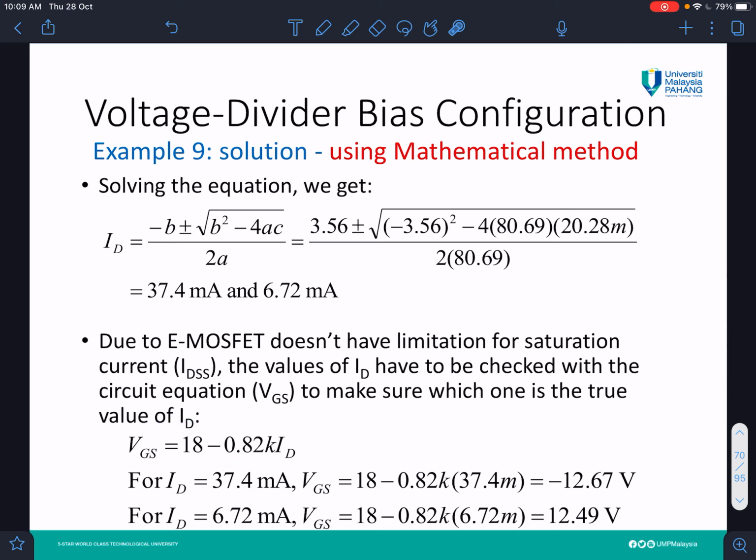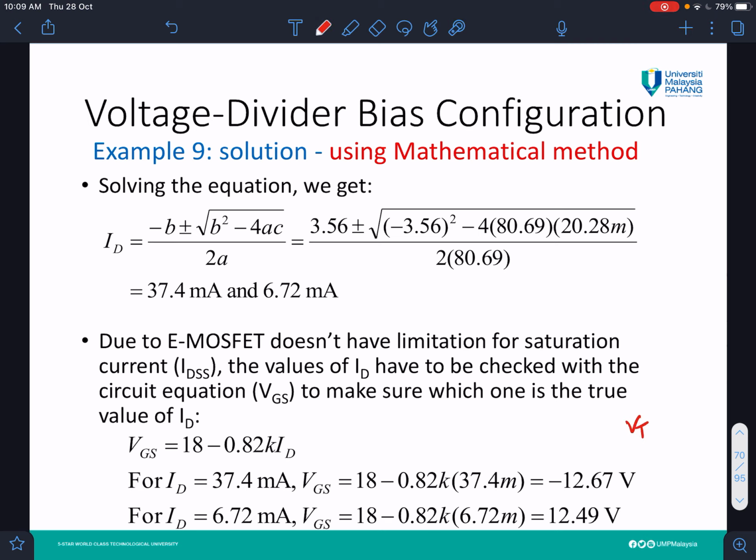Inserting ID1 and ID2, for ID1 we get VGS equal to negative 12.8 volt. For the second ID, we get 12.49 volt. So we compare with the VT.